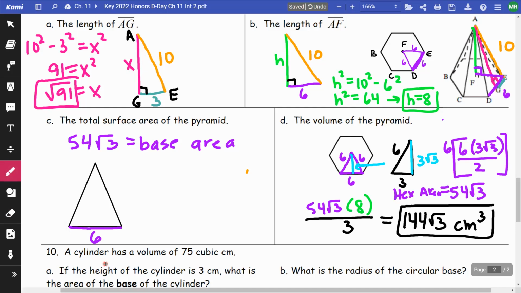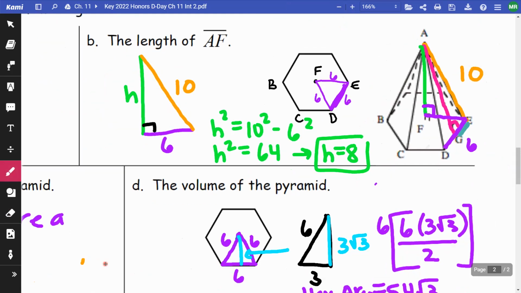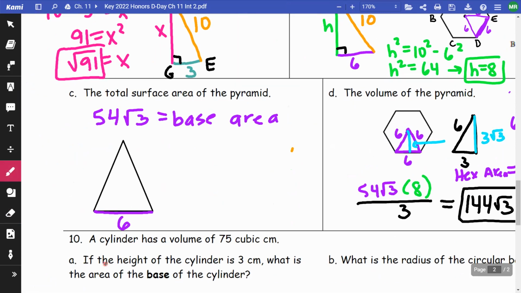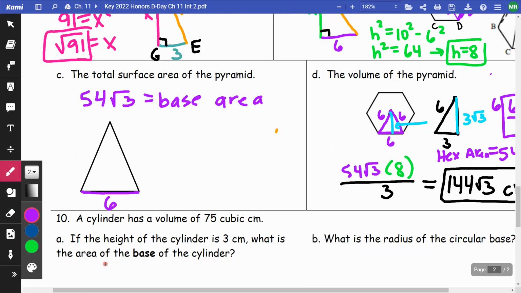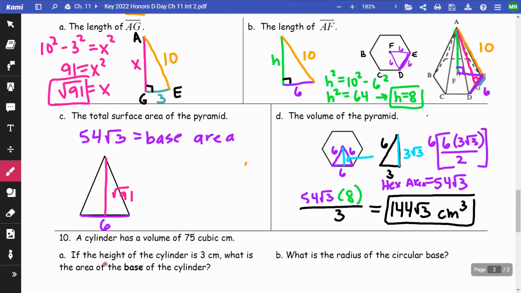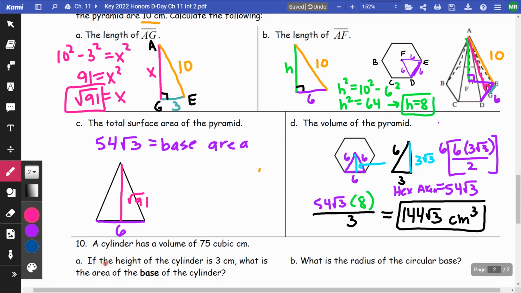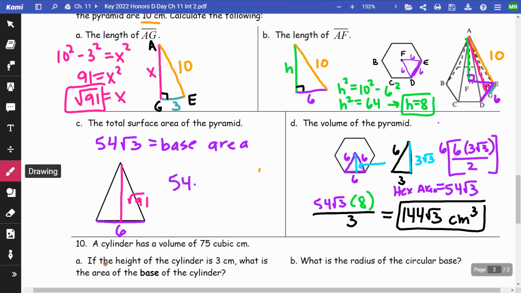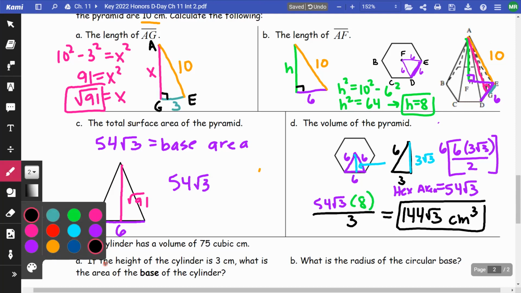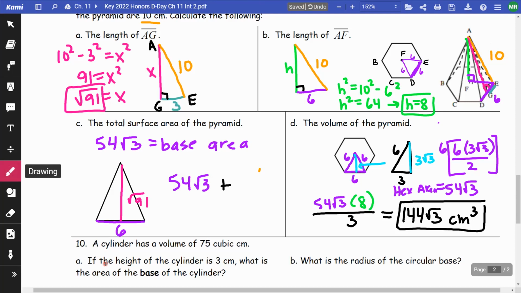We found that AG, okay, AG is my pink one. That actually is the height of these lateral faces. So that pink height is √91. So to find the total surface area, I am going to take my 54√3 and add on to it the area of these triangles.